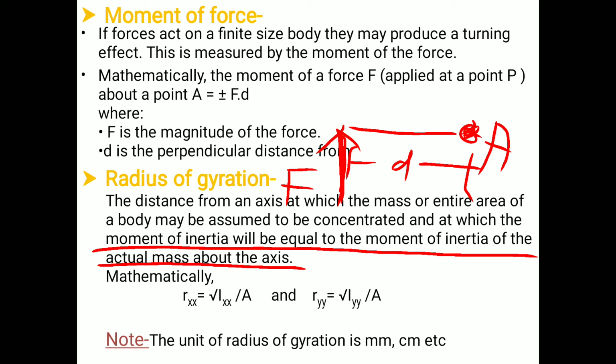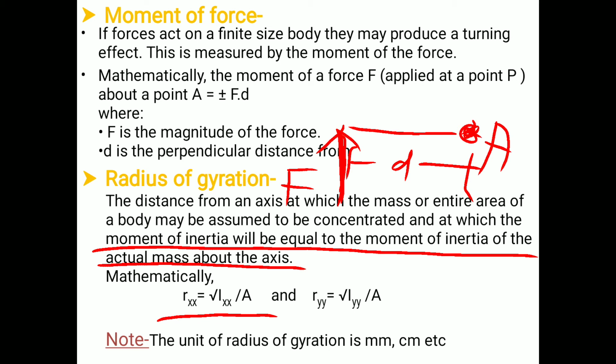Mathematically, radius of gyration is denoted by the letter small r, and if I consider radius of gyration about the xx axis, then Rxx is equal to under root of Ixx upon A, where Ixx is the moment of inertia about the xx axis and A is the area of that particular figure.